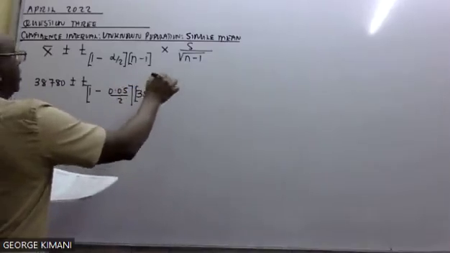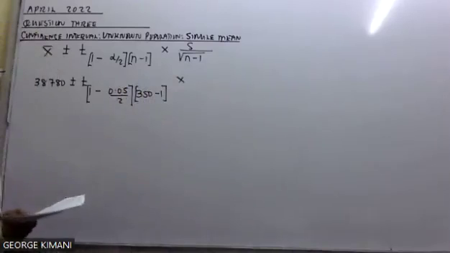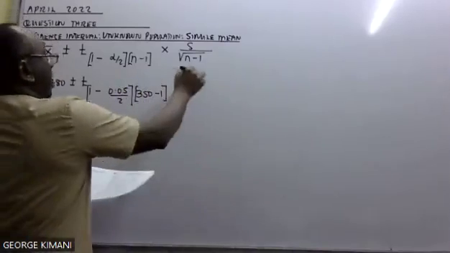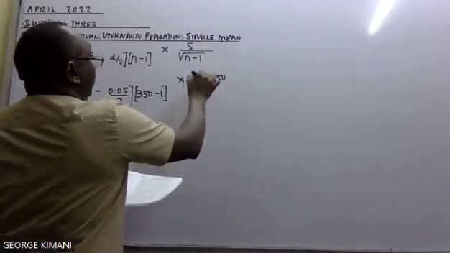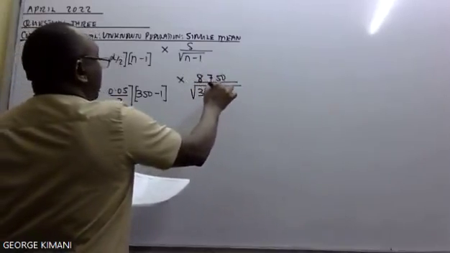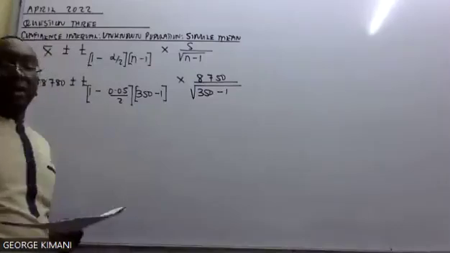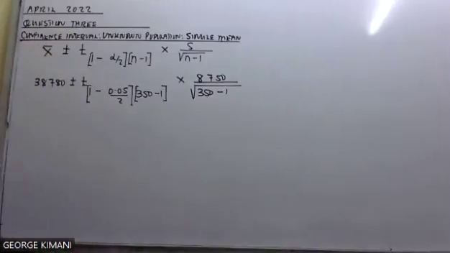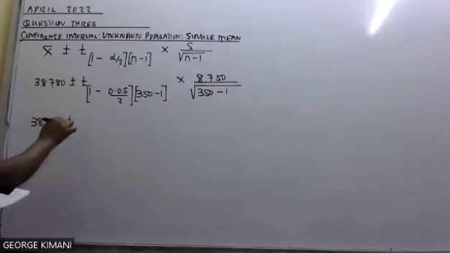Now this one you multiply by the standard deviation, which is 8,750. You divide by the root of 350 minus 1. So this becomes 38,780 plus or minus.